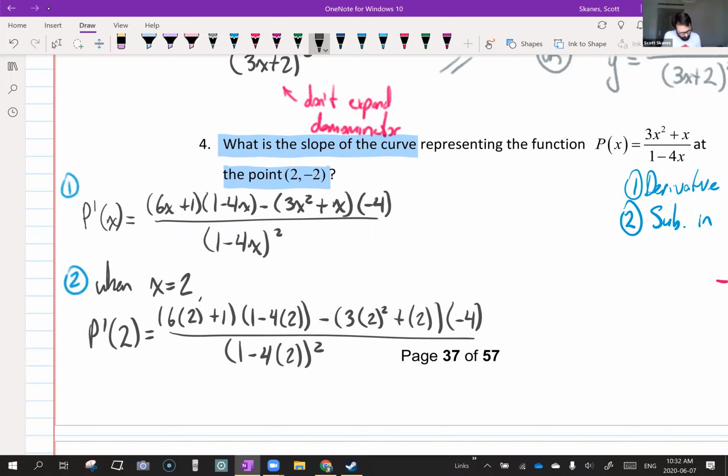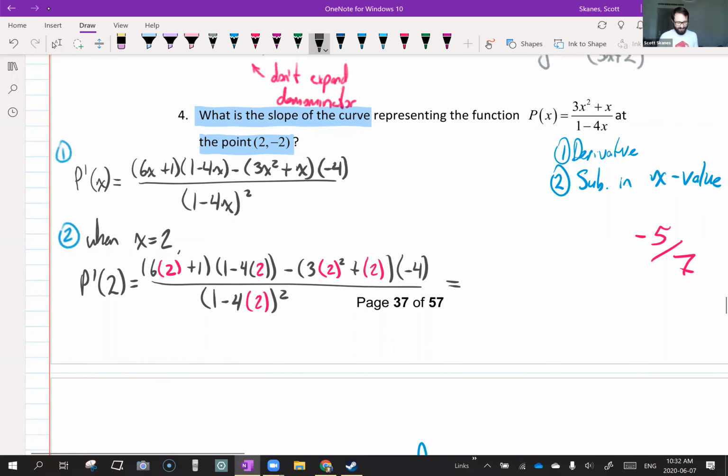So I'm just going to show you. 2, 2, 2, 2, 2. So all of my x's have been replaced by 2's. And if you work that out, either slowly by hand or slowly by calculator, you should get -5/7.